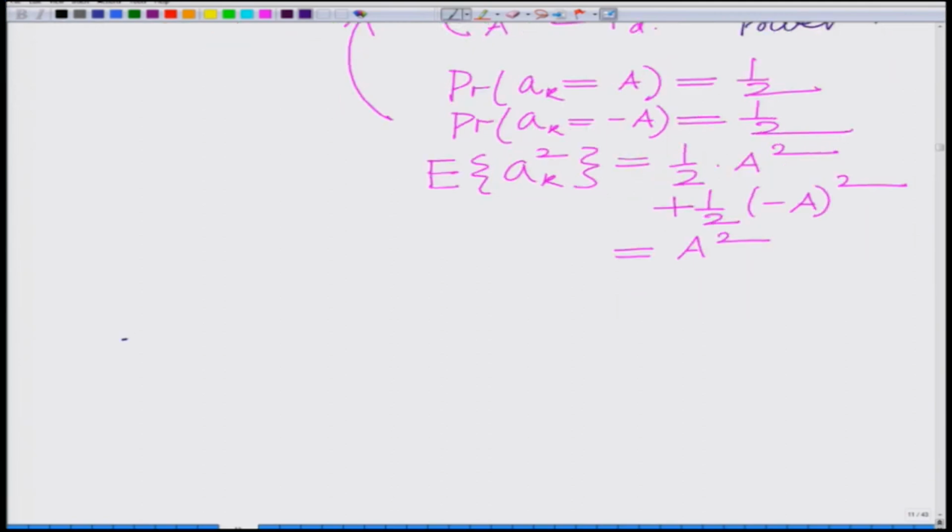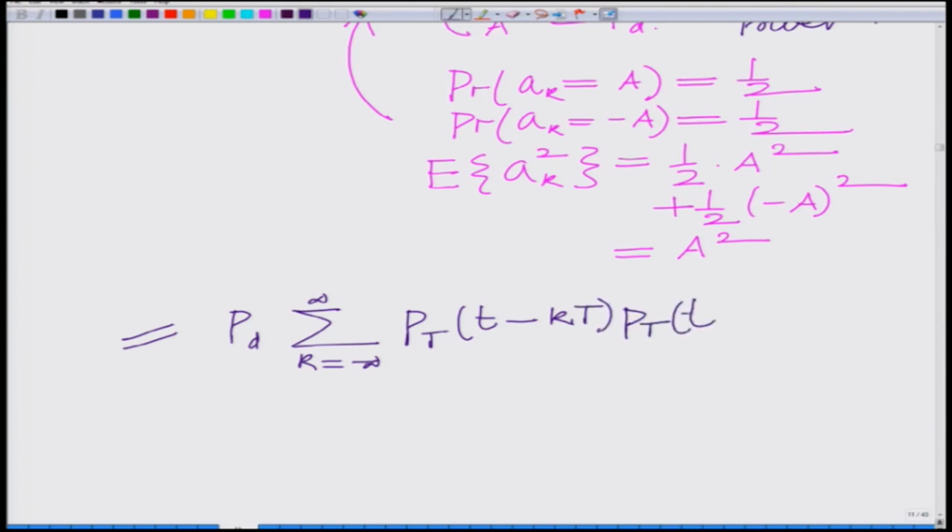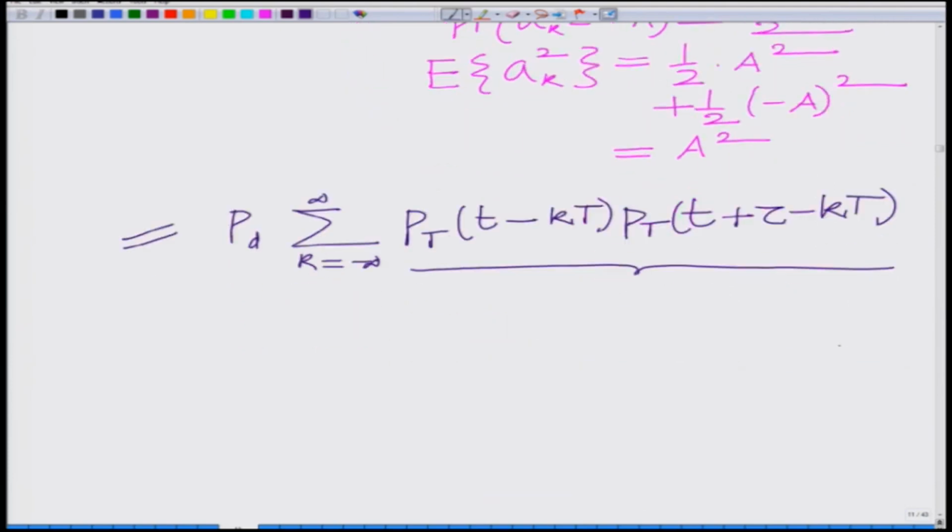Therefore, this reduces to P_D times summation k equal to minus infinity to infinity p(t minus kT) p(t plus tau minus kT). Okay. Now, if you can see this quantity here, this is our autocorrelation function, and it depends on t.